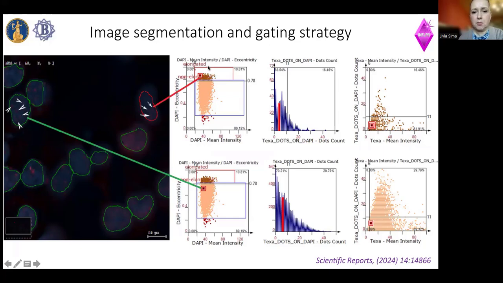So here is an example of a melanocyte that is in the elongated cells gate, and you can see here that indeed the nucleus is elongated and is smaller than the one that is in green and corresponds to an A375 melanoma cell. And here also you can see the gate for non-elongated cells that correspond to all the events that are the melanoma cells.